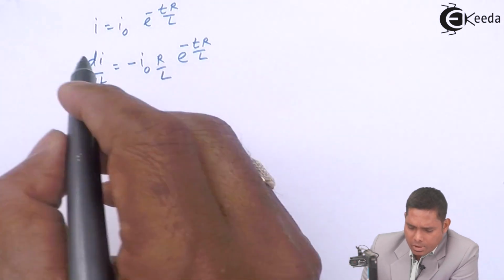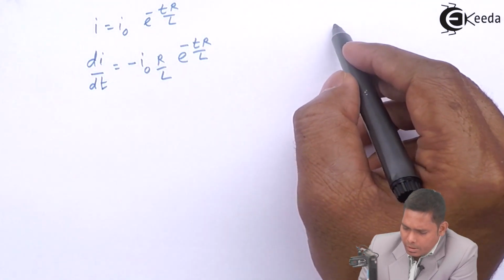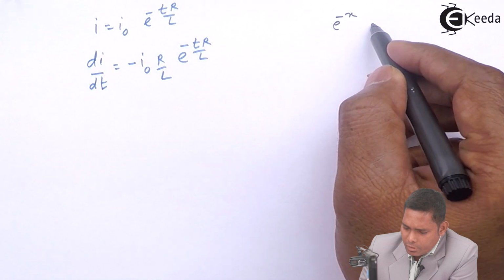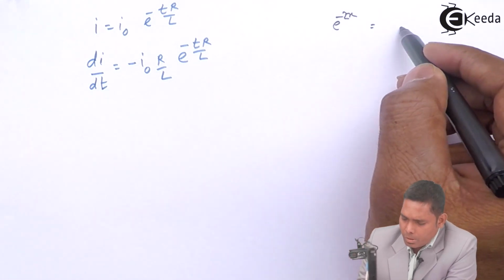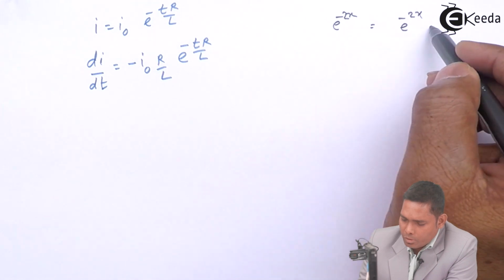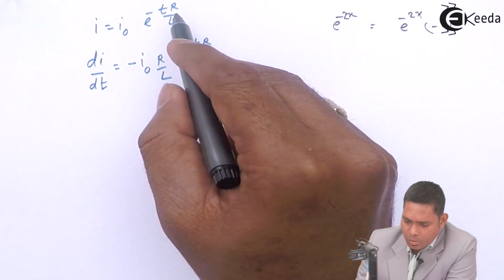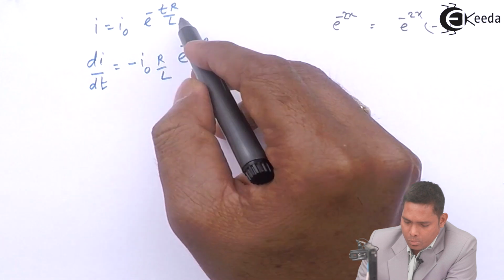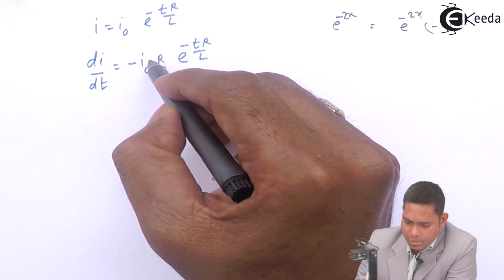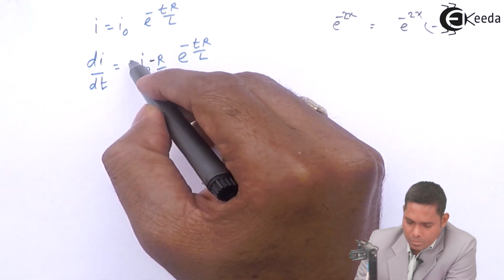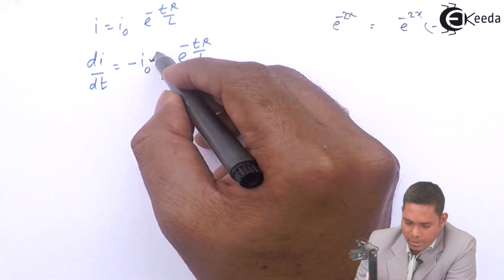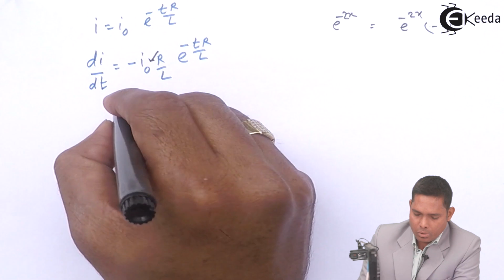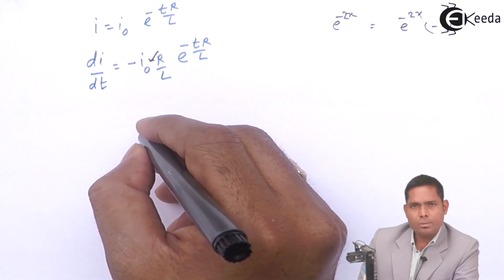Because you know that e raised to minus 2x, if I differentiate this, it will be e raised to minus 2x into the differentiation, which is minus 2. So di by dt is this much.